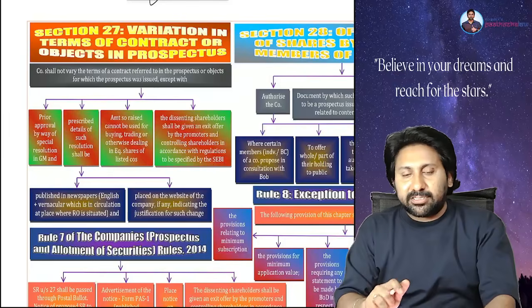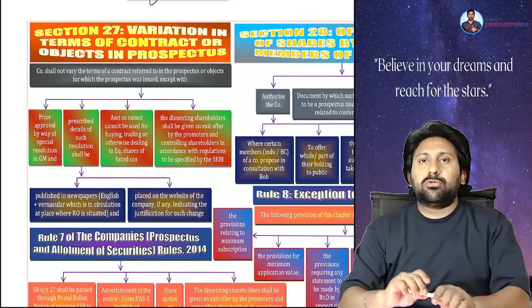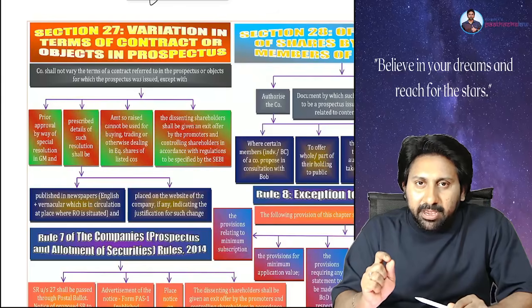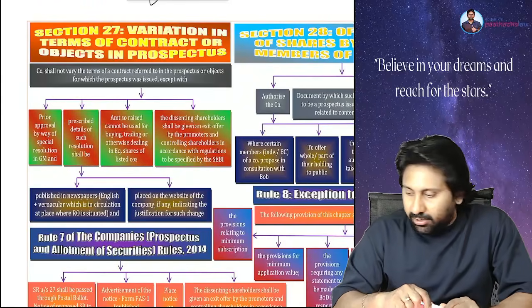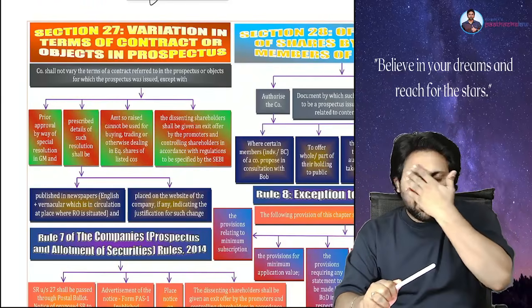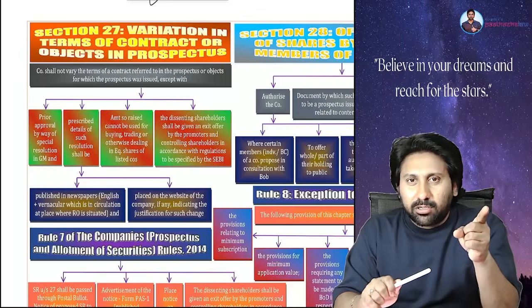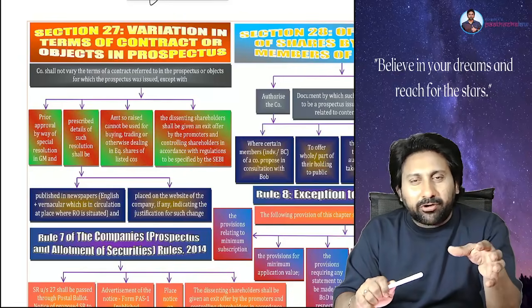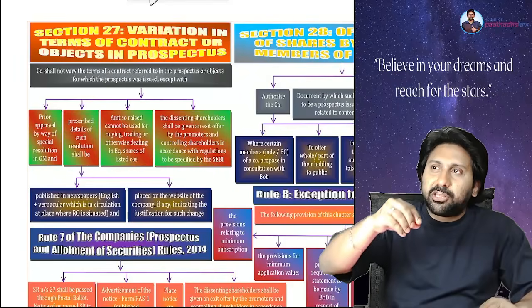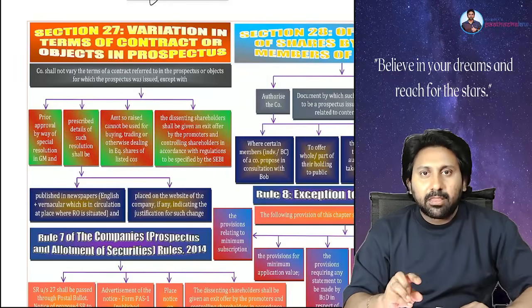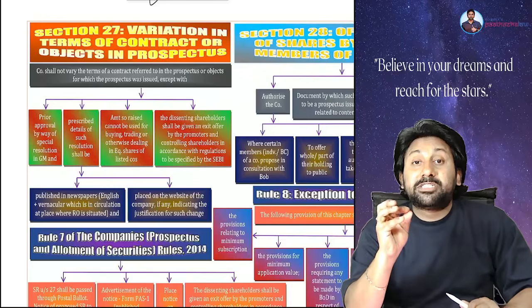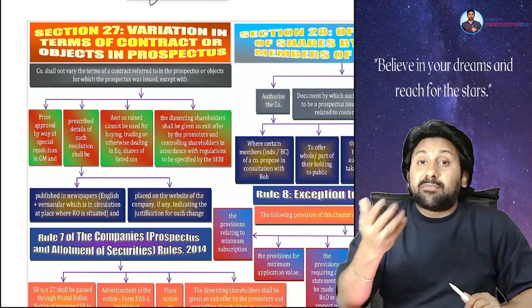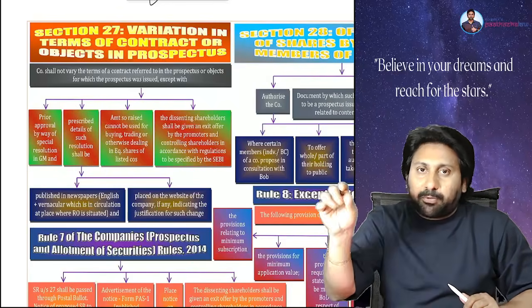Whenever a prospectus is issued, you will issue it by making some promises inside. What sort of promises? How you will use the amount received on the public offer, for what purposes you are going to use it, you will clearly mention in the prospectus. Clear? It means the objective for which you raised the money, you will clearly mention in the prospectus.